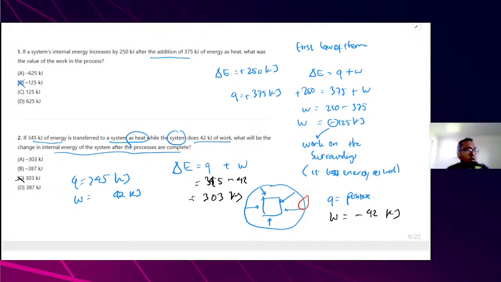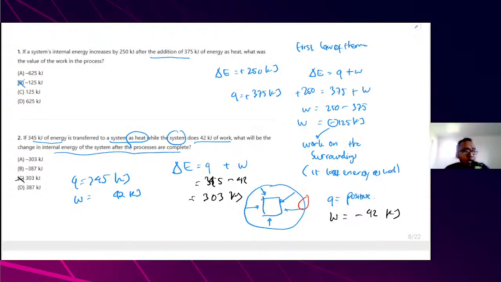Okay, so the system internal energy increases, right? But not by the full amount of heat added, because some is lost as work done by the system.